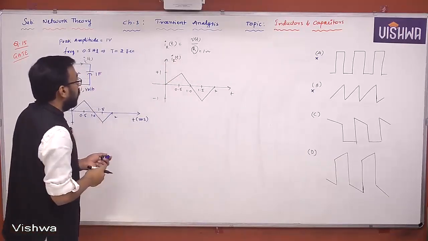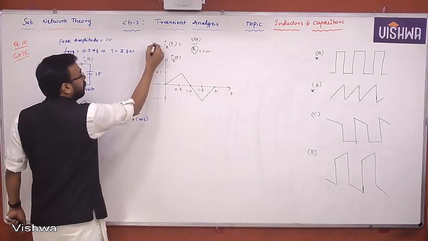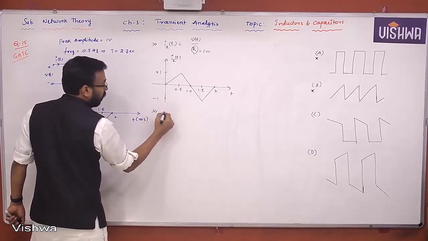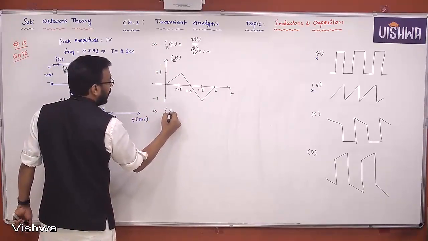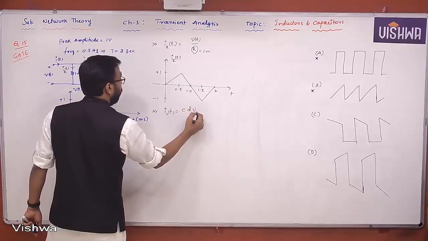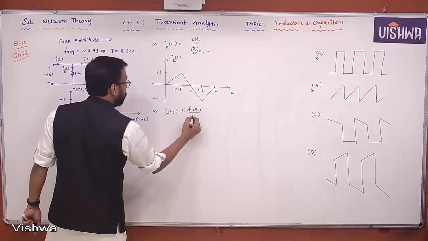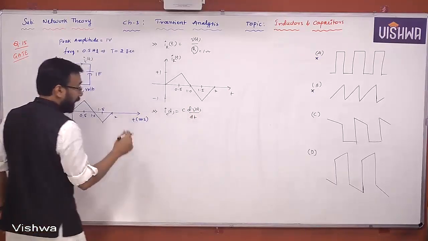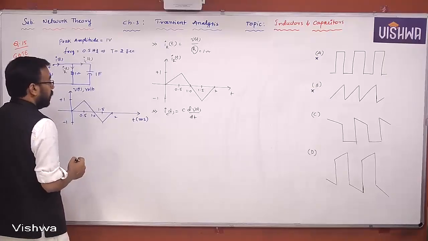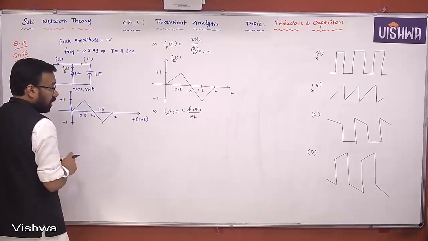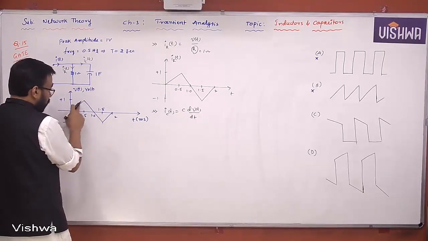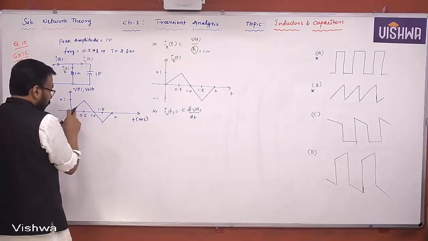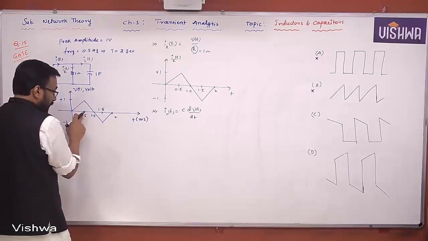Now, another one is IC of t. IC of t is nothing but C dV of t by dt. When you take C dV by dt, when you differentiate this particular one, what do you get? Differentiating a ramp becomes a step.